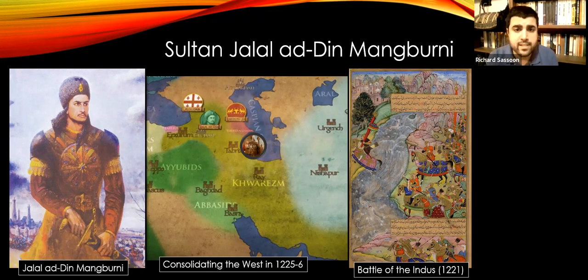He secured the vassalage of the Shahanshahs and attacked the city of Tbilisi in Georgia, killing both Christians and Muslims. And by the end of 1226, he had consolidated Khwarezm in the western part of what was formerly the greater Khwarezmian Empire, and even taken territories that had never been held by a Khwarezm Shah before.